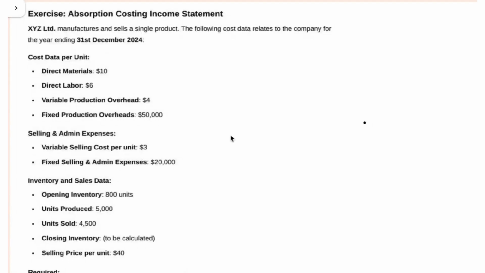Hi, and in this video we will do the income statement using the absorption costing way. As I explained in the previous video, another word for absorption costing is full costing.